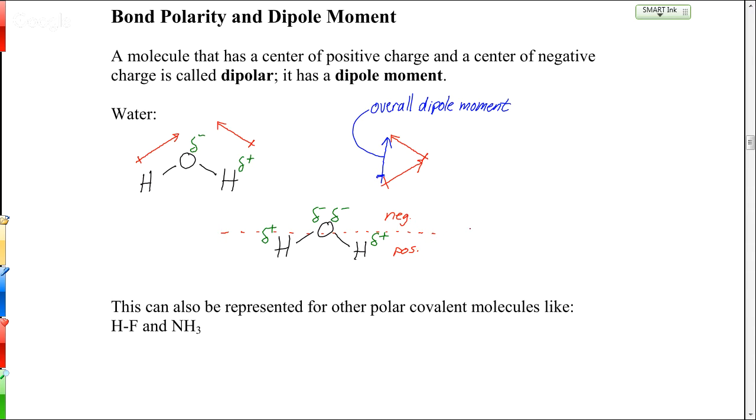Do you see how the positive charge is localized around the bottom of the molecule and the negative charge is localized around the top of the molecule? So that's another way to indicate that this molecule is going to be polar. If we didn't see that, and we'll look at some examples of that in a minute, then we would know that the overall molecule is nonpolar, even if it's made up of polar bonds.